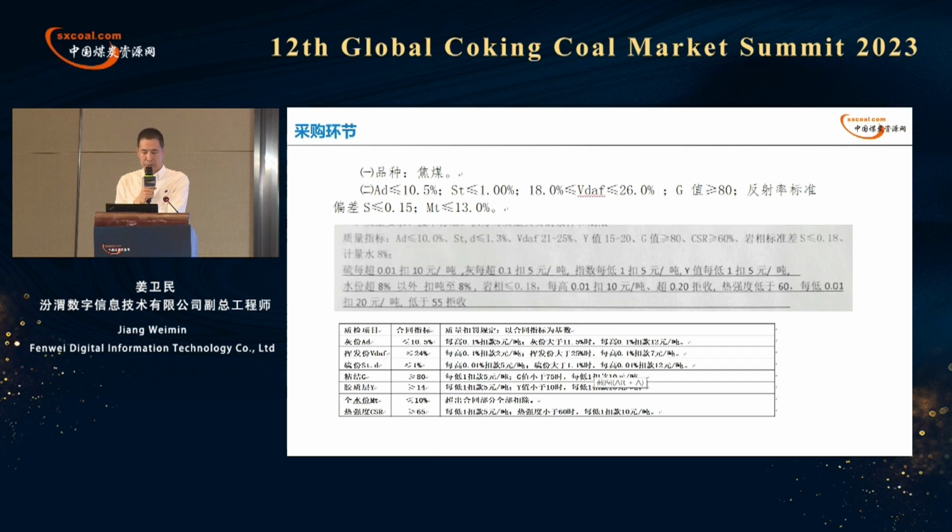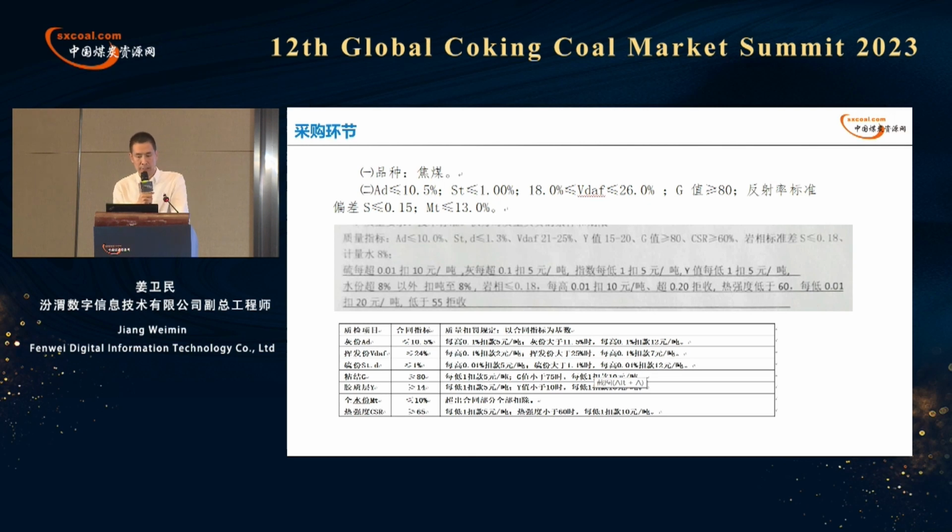And now let me show you an actual contract. This is not violating the non-disclosure agreement, because I'm only showing you part of the screenshots. Take a look at this example. The G value is larger than 80. The reflectance standard S is lower than 0.15. And take a look at the other indicators.